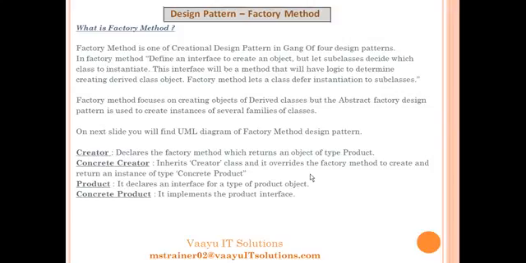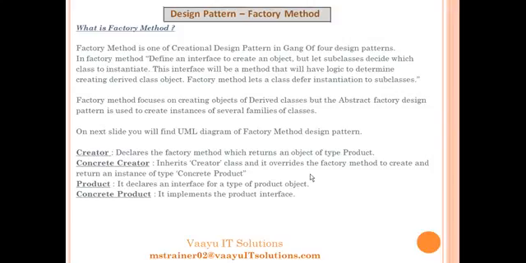In the factory method we have an interface to create an object, but let subclasses decide which class to instantiate. How will these subclasses decide? It has one method where you can use the switch case and the if else statement to identify which subclass you want to create.